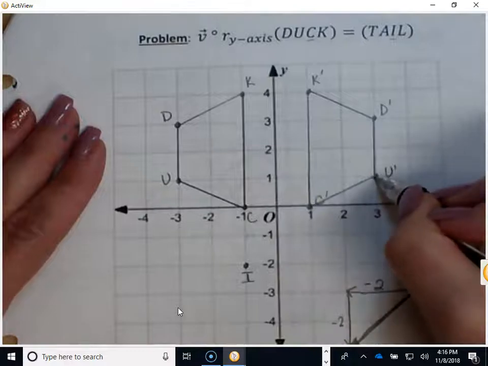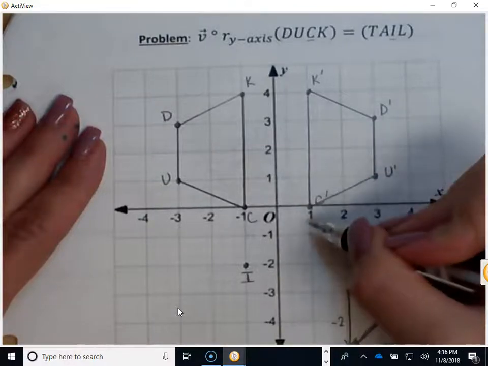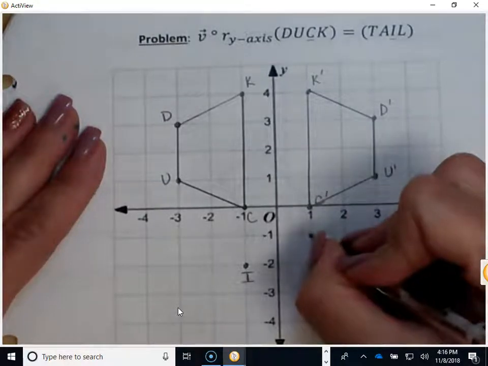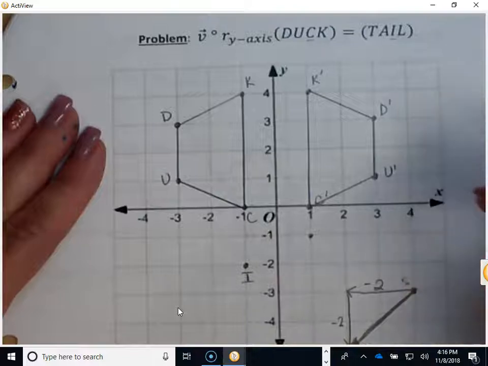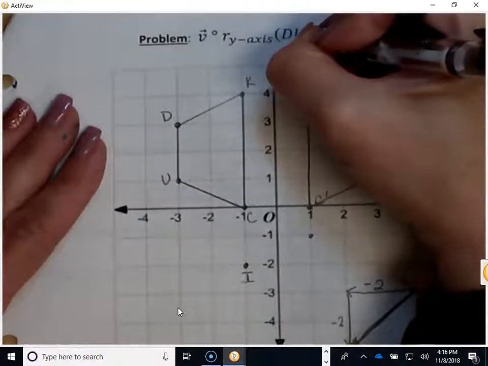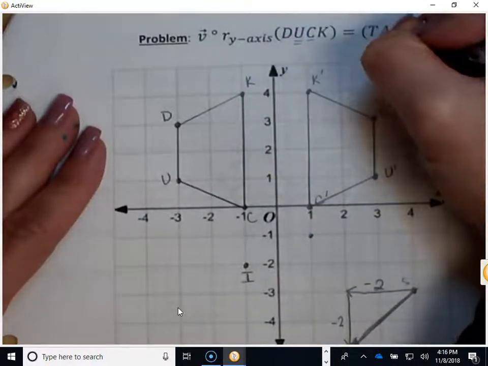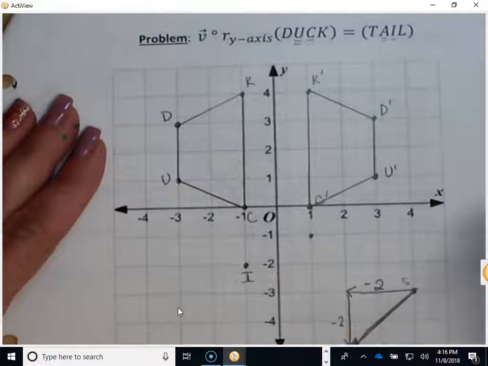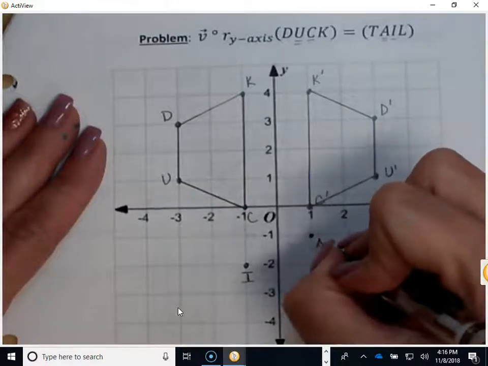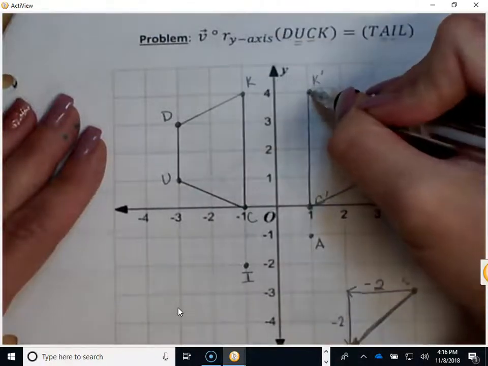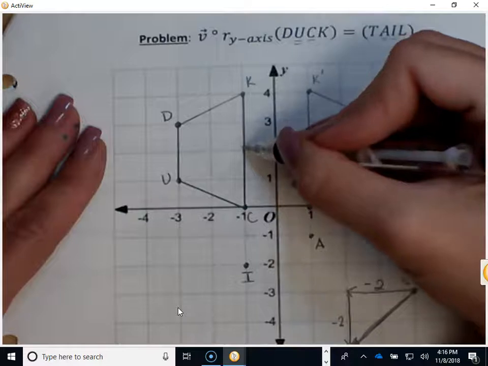U prime goes to the left 2, down 2, because we're doing that same vector for all of these. Now instead of calling it U double prime, U is the second letter, A is the second letter. So that's why we call this one point now A. K prime to the left 2, down 2.